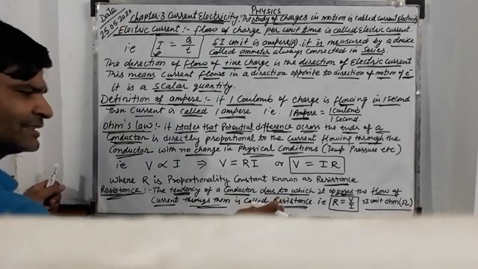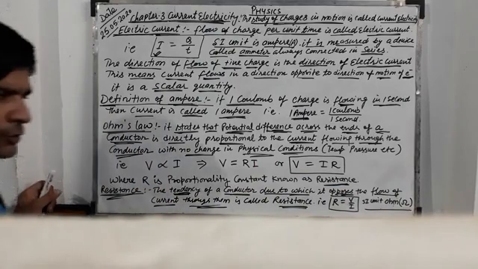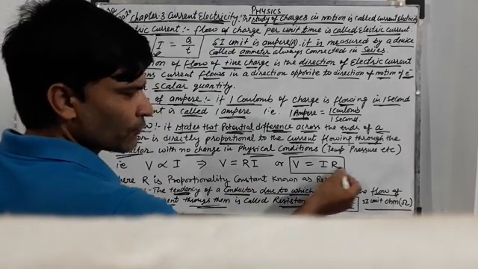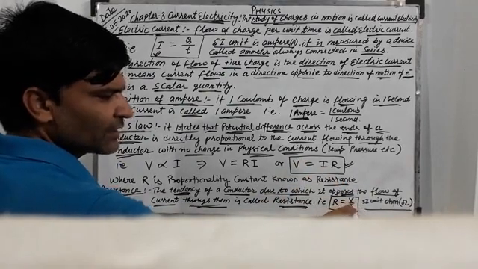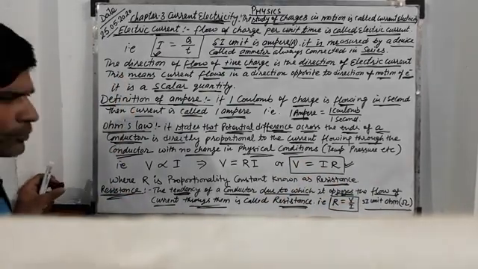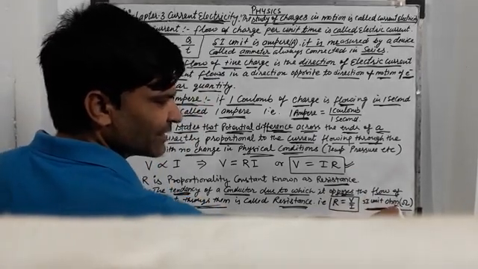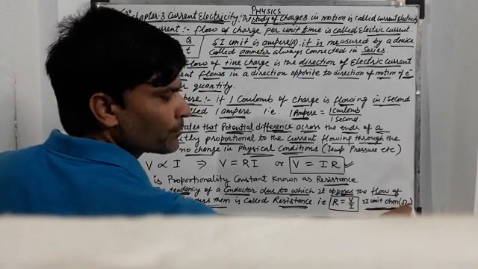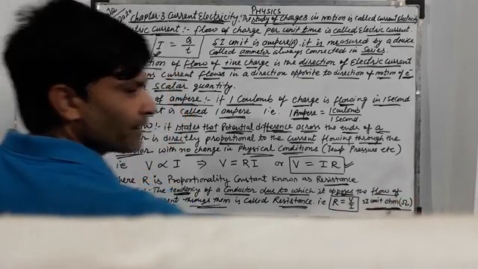So resistance opposes the flow of current. From this formula we get R is equal to V upon I. And the SI unit of resistance is ohm, denoted by the symbol omega.